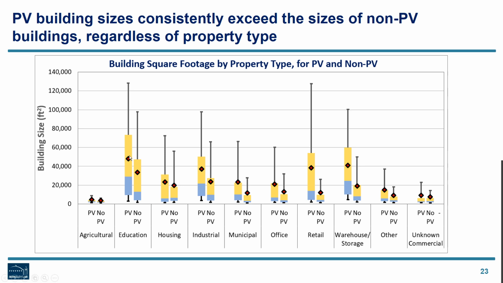The diamonds shown here are the means for this particular group, and the space between the yellow and the green, the yellow and the blue here is the median. So the mean is the diamond and the median is between the two. So you can see in all cases the mean square foot is higher for PV buildings in the various categories, and in most cases the medians are in fact higher as well.